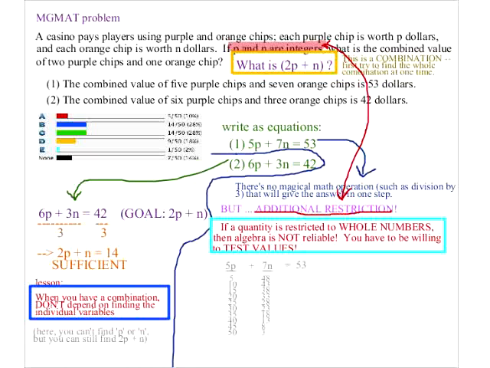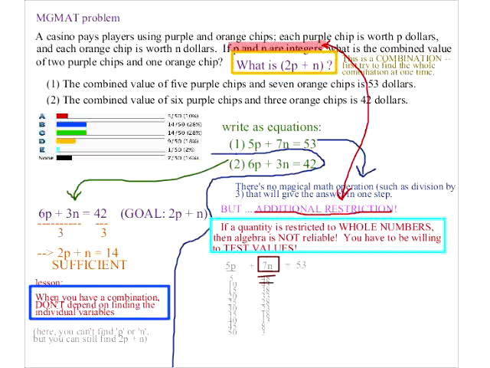Notice it's not good enough to just find a solution, because this is a data sufficiency problem. You have to verify that there is only a single one. But remember that this has to be a multiple of 7. 7n can't be numbers like 48 and 43, because those are not multiples of 7 chips.